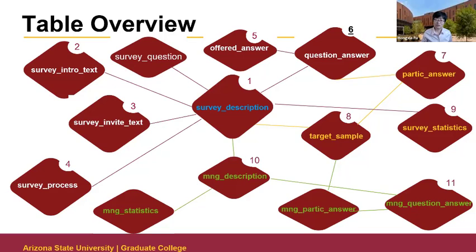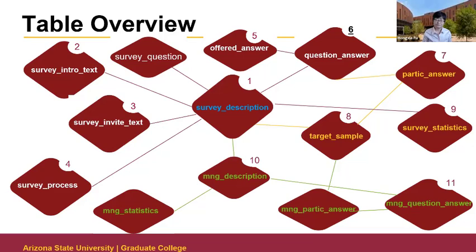For example, if one survey is conducted 3 times, for each time from the number 7 participant answer, we could get each survey's statistics, number 7 or number 9. But sometimes we combine the surveys together, so then we can go to the management statistics table to get all the information for the management.